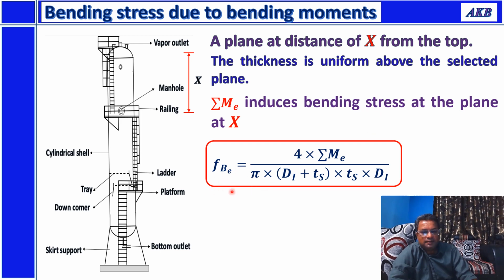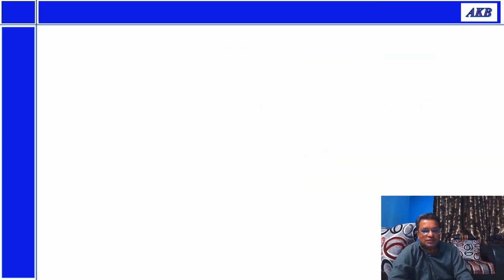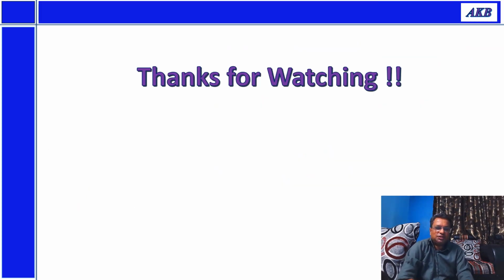So this is how you can get the bending stress that is induced due to eccentric loads. The point is eccentric loads produce bending moment, and bending moment results in bending stress, and this bending stress is given by this equation. With this I end my small discussion on stresses that are induced due to eccentric loads.